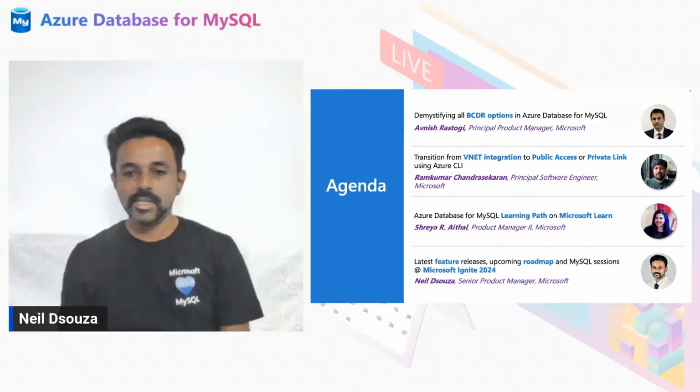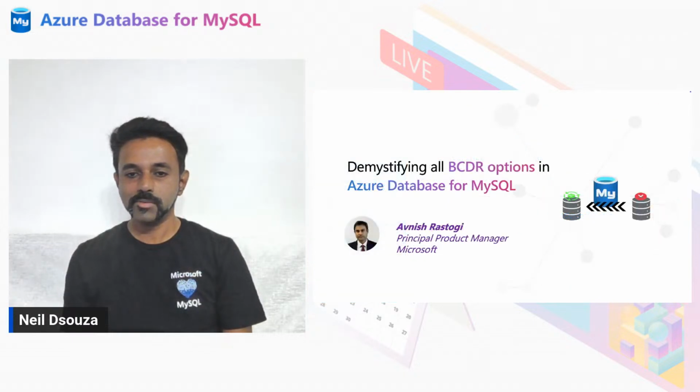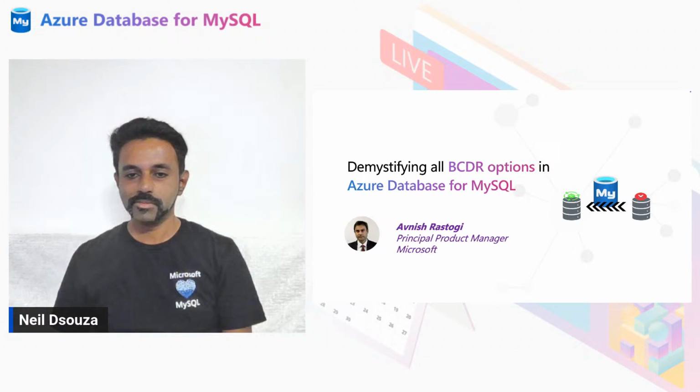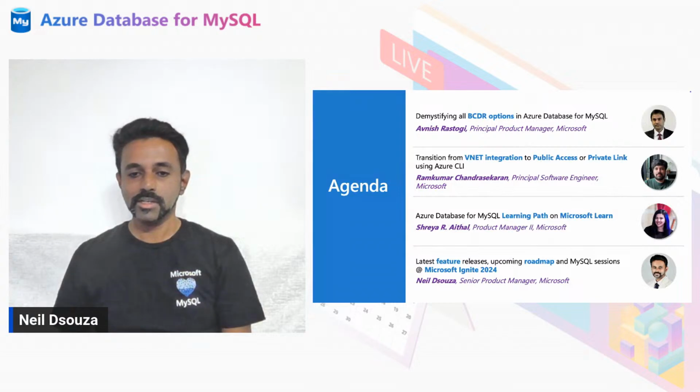The first session is Demystifying all BCDR options on Azure Database for MySQL by Avnish Rastogi, Principal Product Manager with Microsoft. The second session is a demo on how to transition from VNet integration to public access or private link using Azure CLI commands by Ramkumar Chandrasekaran, Senior Software Engineer, Microsoft.